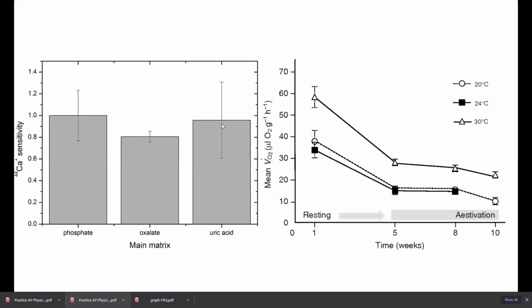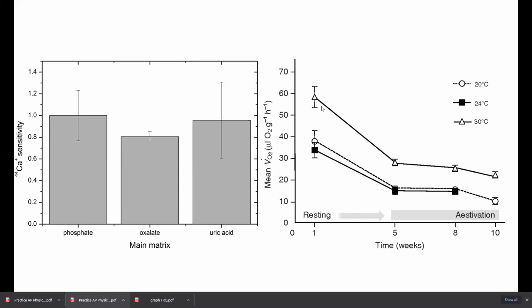Another example, these are 3 chemicals in a paper that I pulled out of. You can see all of these groups are not statistically different because all of them have overlapping error bars. You can also see that with a line graph like this. It doesn't just have to be a bar graph that has error bars as well.